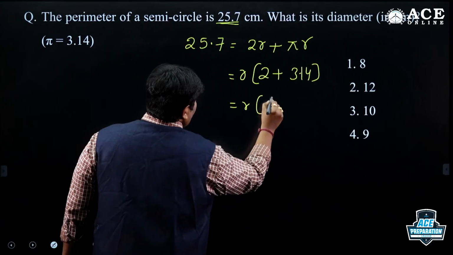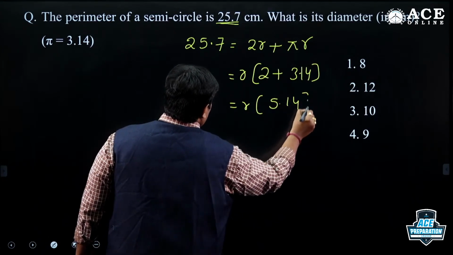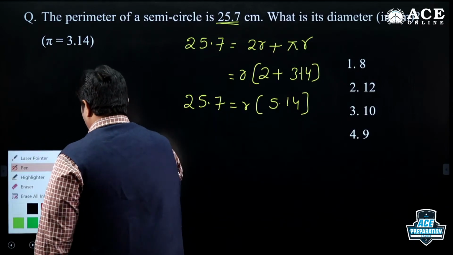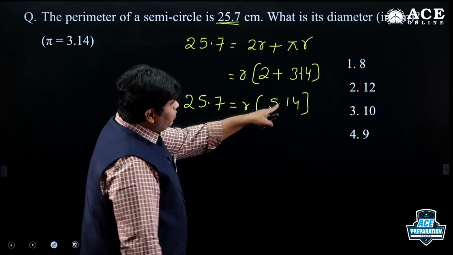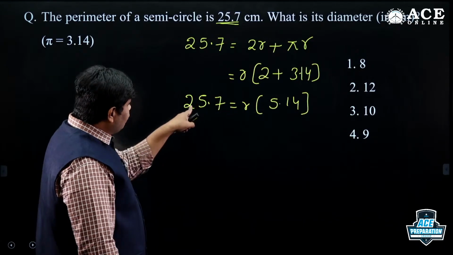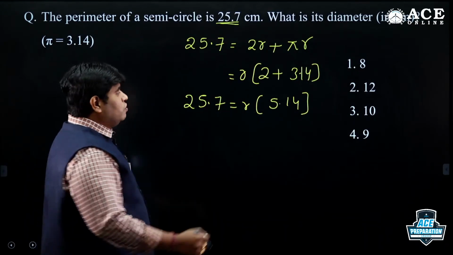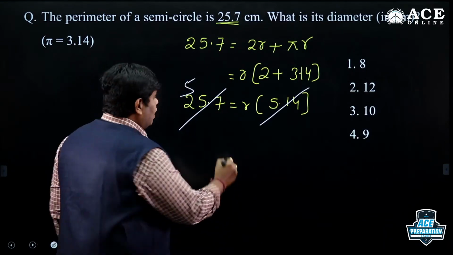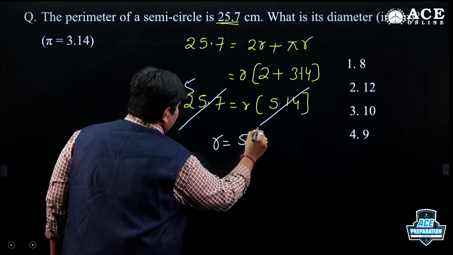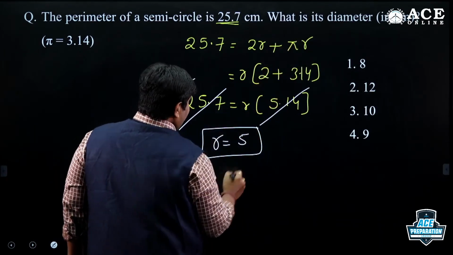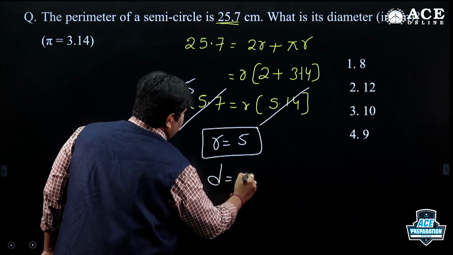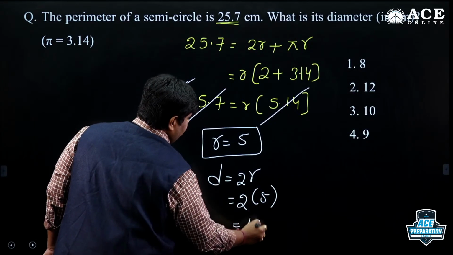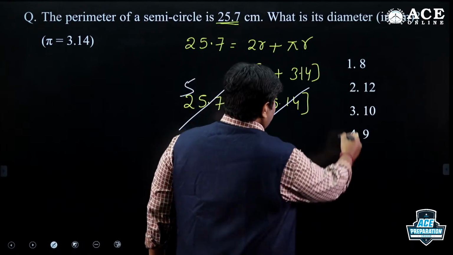So R into 5.14 equals 25.7. Observe, 5.14 into 5 is 25.7, almost 5 times. So R is equal to 5. But the requirement is diameter, so D is equal to 2 into R, 2 into 5, that is equal to 10. Okay, 10, so option 3.